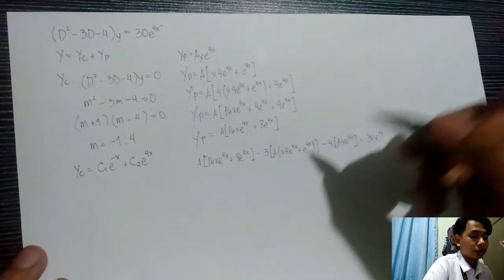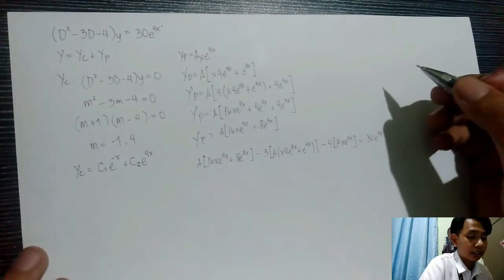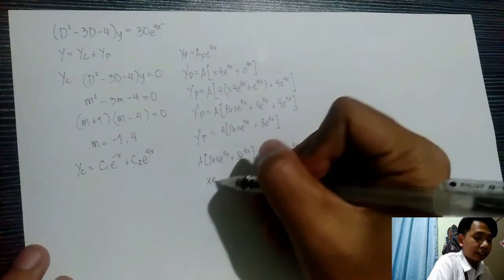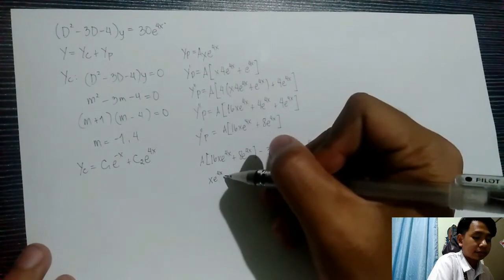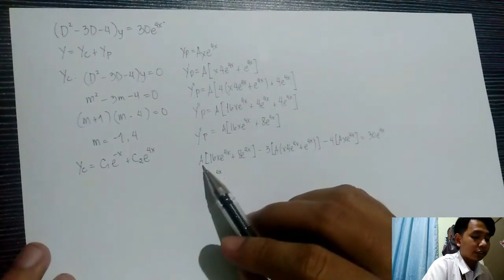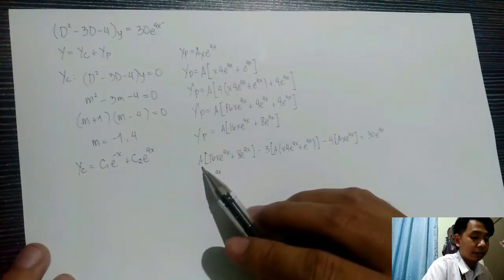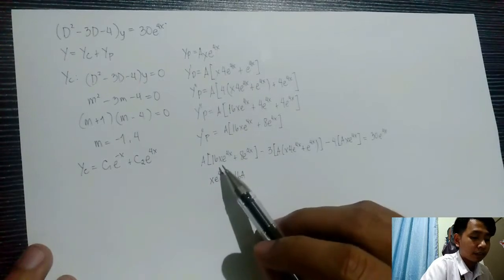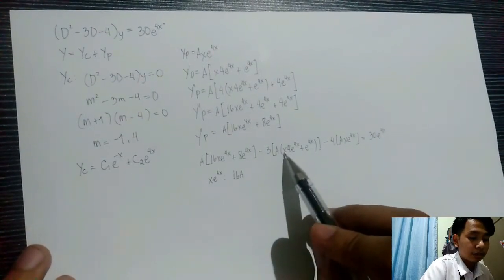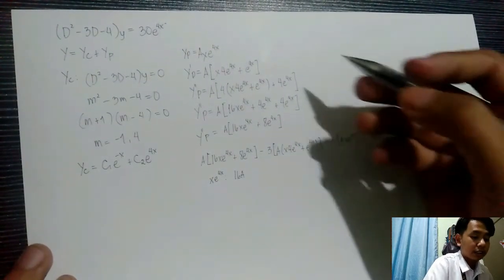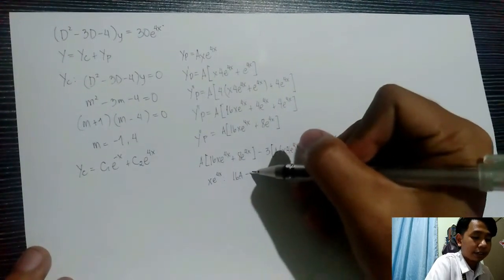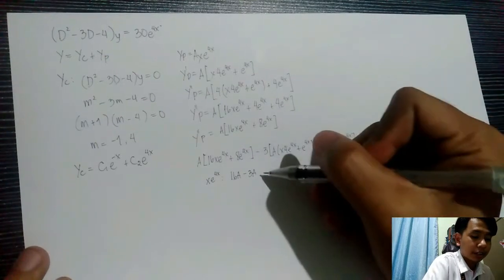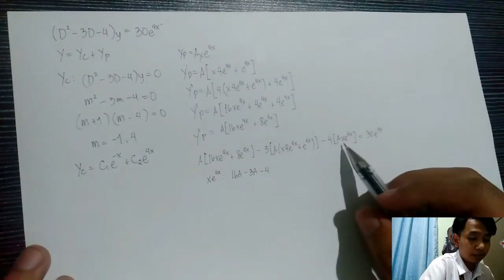Then, let's use equating coefficients. Let's start with the terms that have x e raised to 4x. So here, we distribute. It has 16a. Then here, it has negative 3a. Here, it has negative 4a.